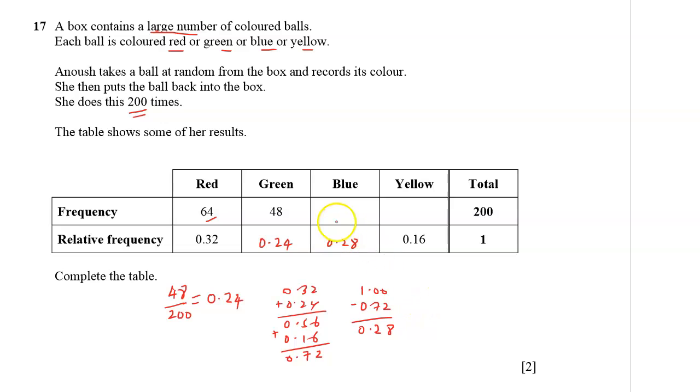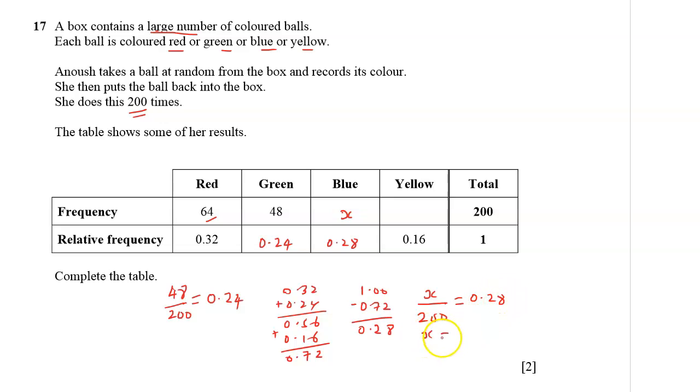Of course, we know that for this blue ball, to get 0.28, x is the number of times the blue ball has been picked. So x over 200 gives us 0.28.